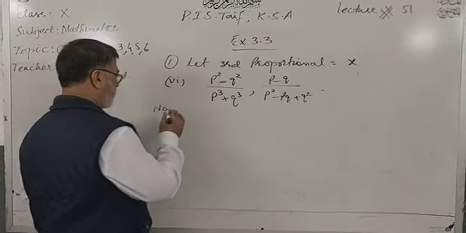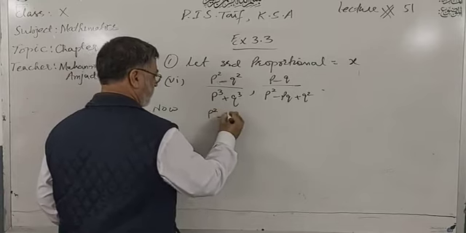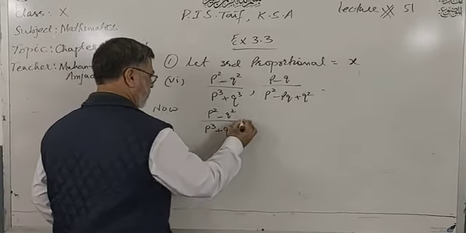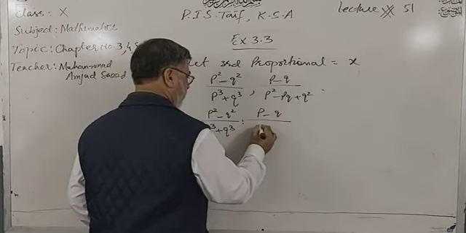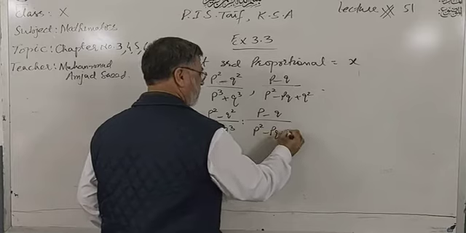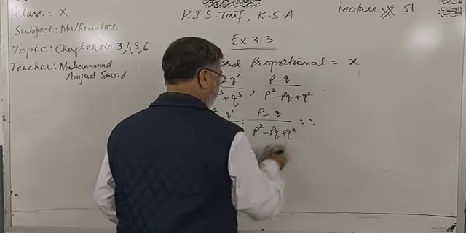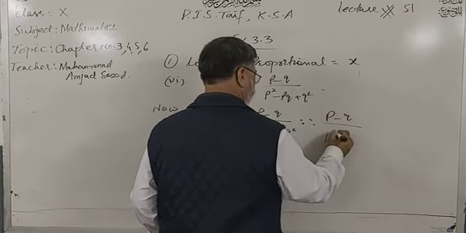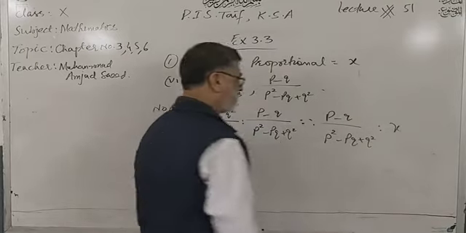Now by definition of third proportional, p square minus q square over pq plus qq ratio p minus q over p square minus pq plus q square proportion p minus q over p square minus pq plus q square ratio x.